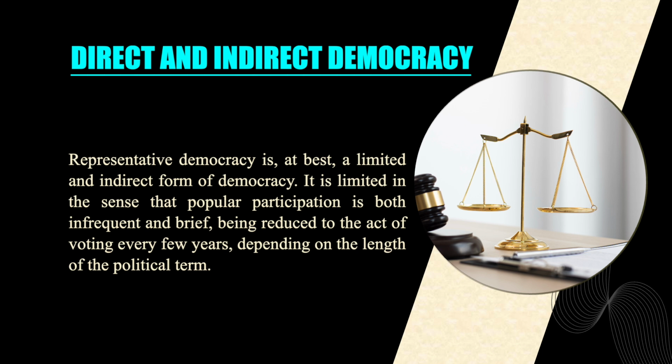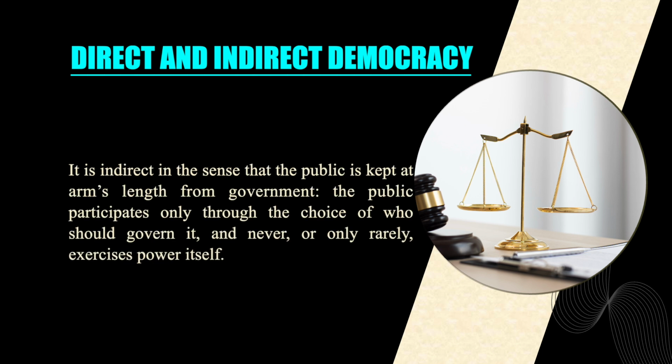It is limited in the sense that popular participation is both infrequent and brief, being reduced to the act of voting every few years, depending on the length of the political term. It is indirect in the sense that the public is kept at arm's length from the government.